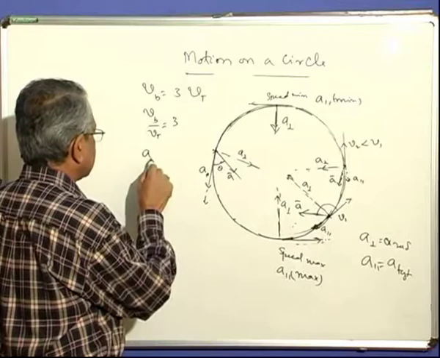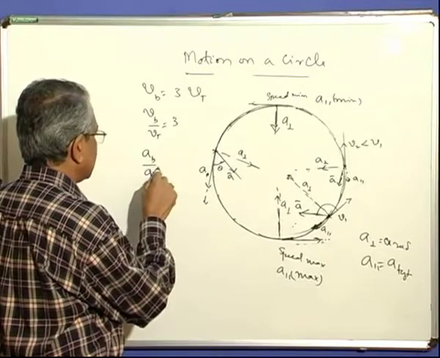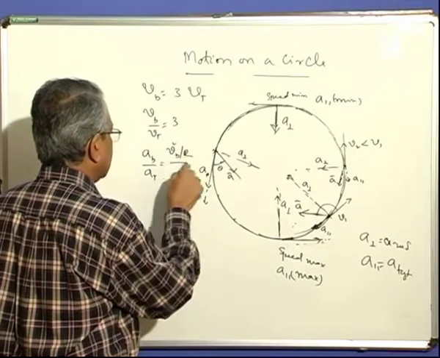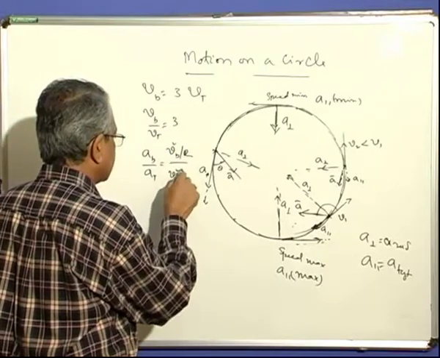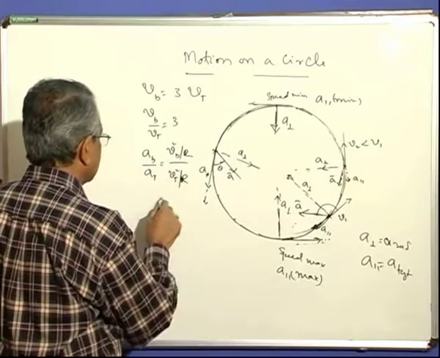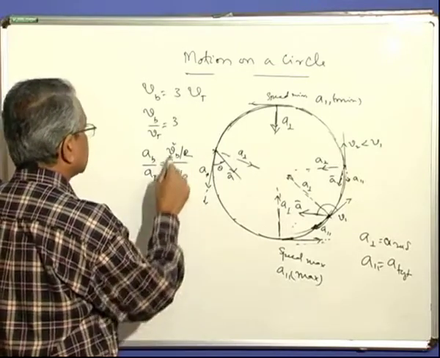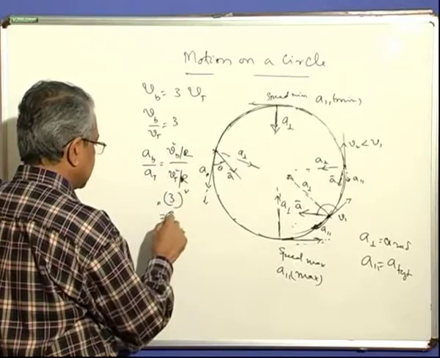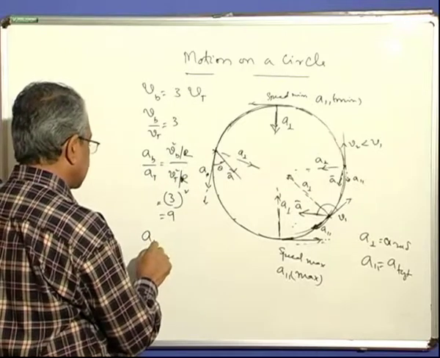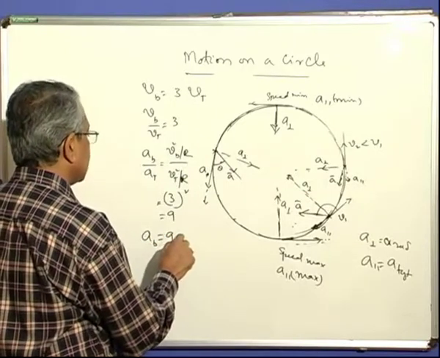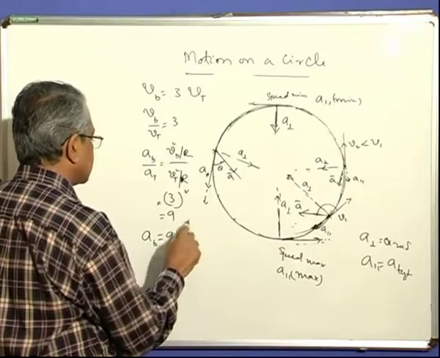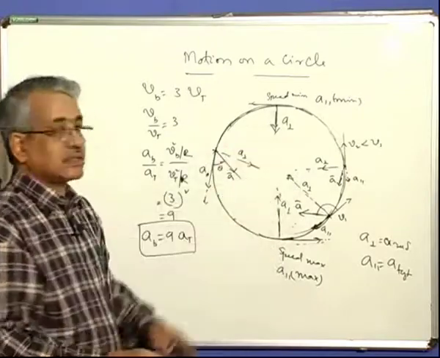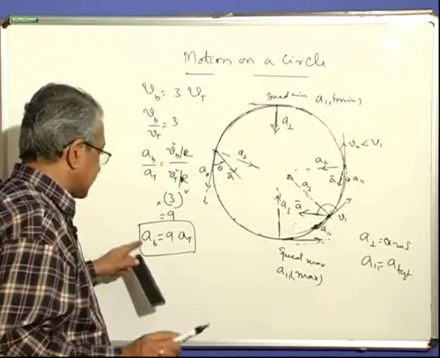Acceleration at the bottom to acceleration at the top, you want to find the ratio. This is v bottom square by r. This is v top square by r. That means you will find this is vb by vt, that is 3 square, r gets cancelled, so it is 9. So acceleration at the bottom is equal to 9 times the acceleration at the top. You can get the relation between the acceleration here and there. This means net acceleration.